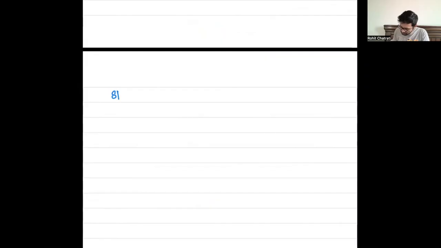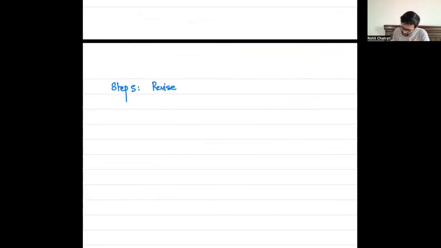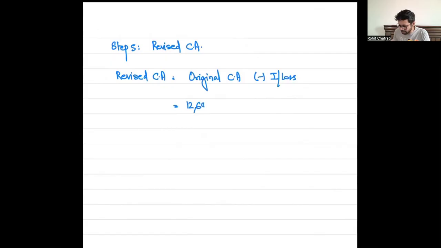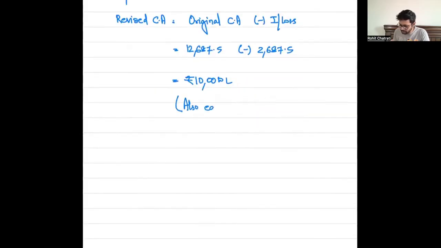All right, revised carrying amount is equal to the original carrying amount less impairment loss, which is equal to 12,687.5 less 2,687.5, which is equal to rupees 10,000 lakhs, which is also going to be equal to the recoverable amount because we have charged impairment loss in such a way that the asset's value comes down to the recoverable amount.